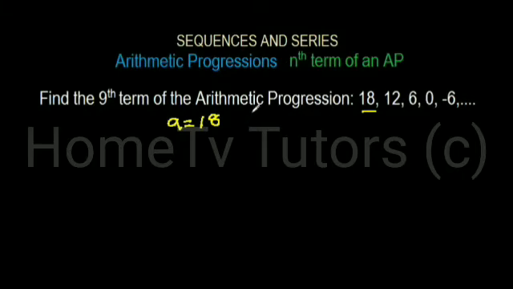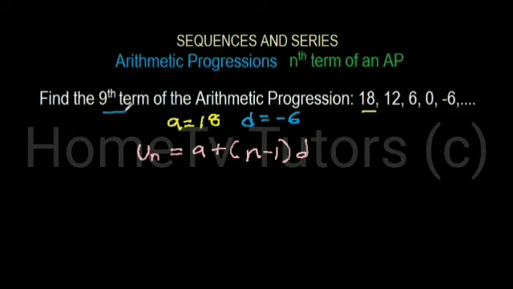It shows that the common difference D is negative 6. Remember the general formula for the nth term, Un equals A plus (n minus 1)D. This time we are to find the ninth term.